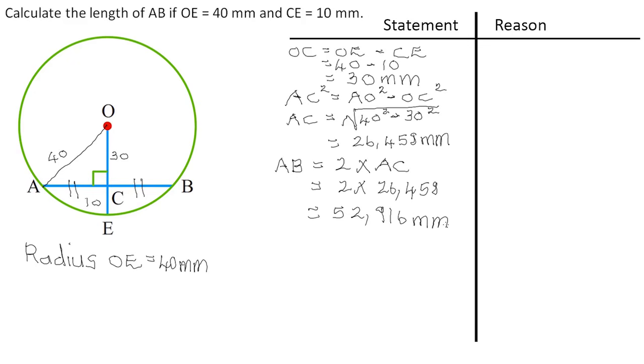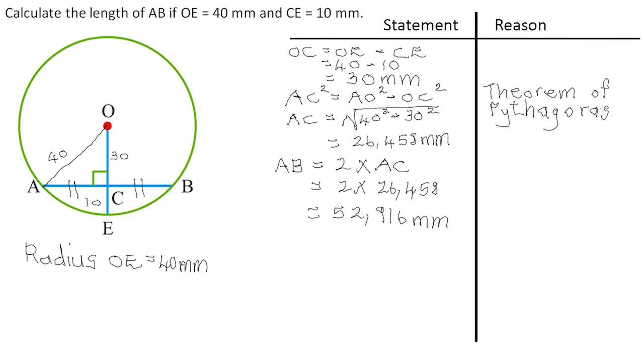Now, let's just look at the problem again. AC squared equals AO squared minus OC squared. The reason I have applied there the theorem of Pythagoras is because it is a right-angled triangle. And then AB is equal to 2AC.